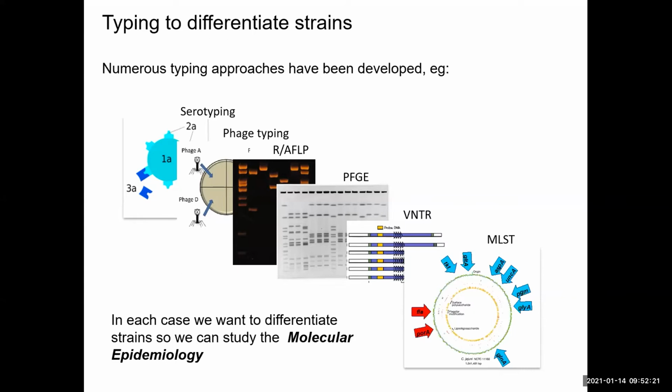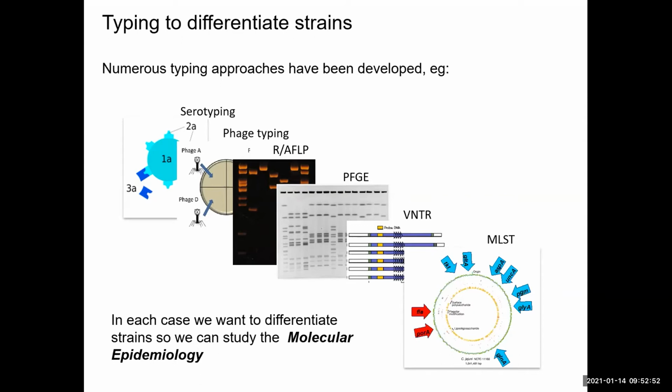This is still widely used for strain typing all over the world. These are just some examples. One that I certainly used a lot was multi-locus sequence typing, where you sequence usually 7 genes around the genome of your pathogen, and you use these profiles to tell the difference between strains.